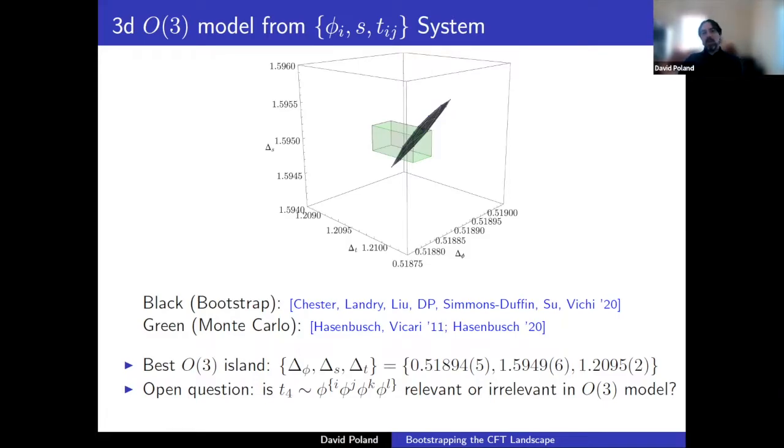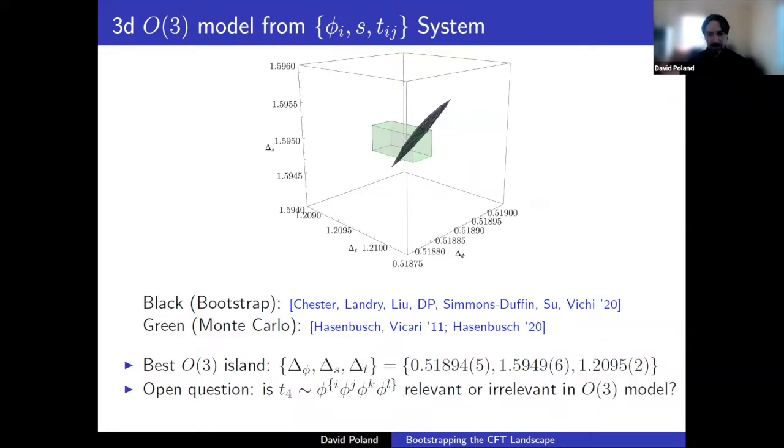One other question we honed in on in our Bootstrap study is the question of whether the leading 4-index symmetric tensor, which I call T4 here, is relevant or irrelevant. This is a physically interesting question, because if you have, say, a Heisenberg magnet with some cubic anisotropy, then this operator T4 can get generated through renormalization group flow.